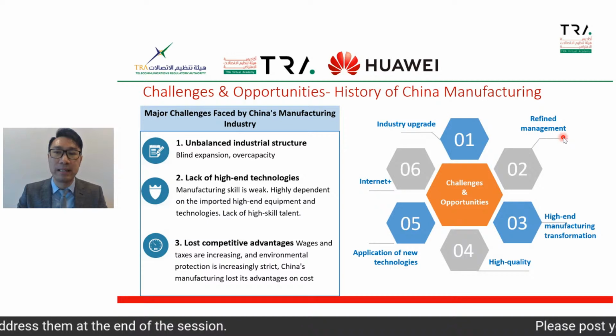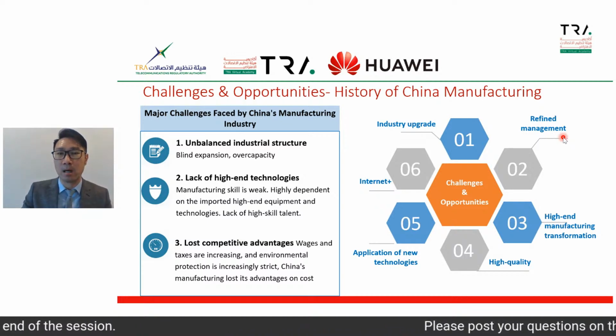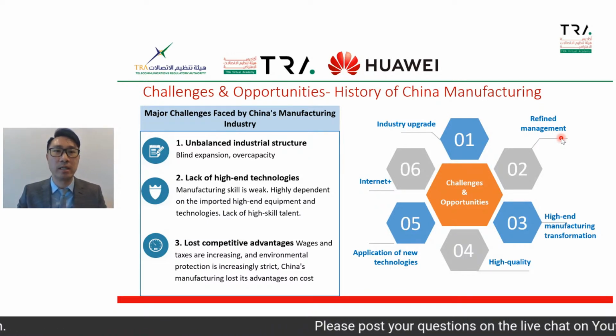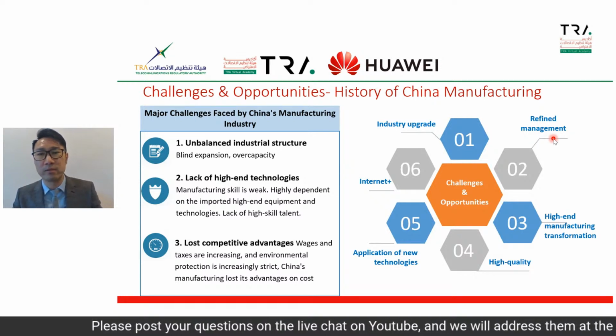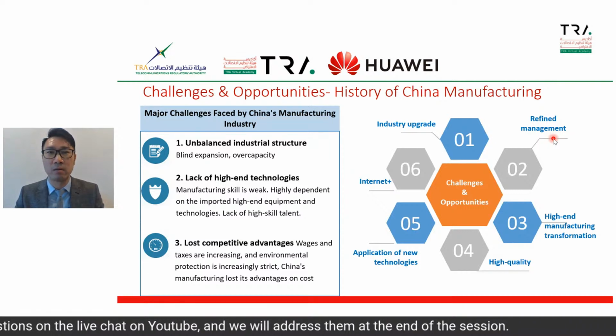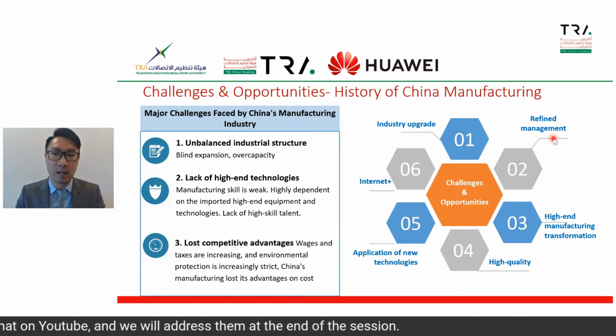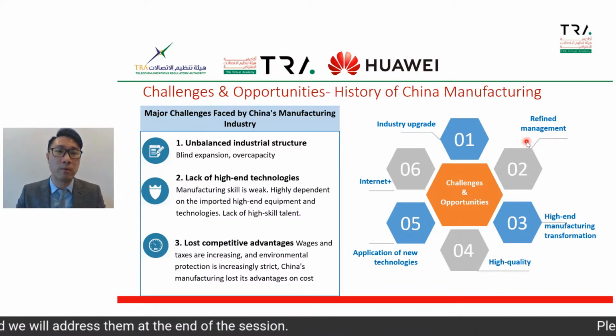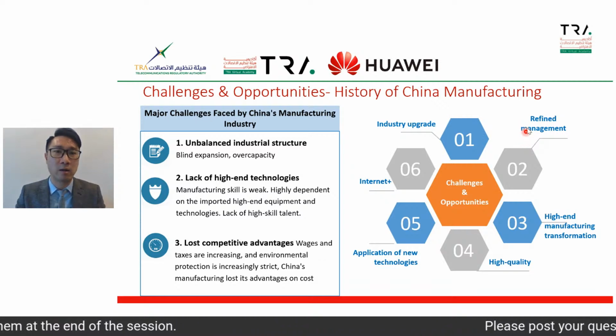And the second would be the refined management. If you just improve the profits or do cost cutting, this is not something to stay competitive. So in order to improve your competitiveness, you should refine your management.